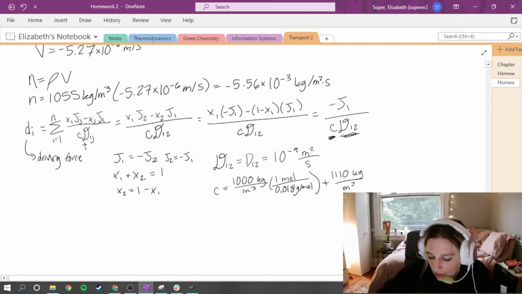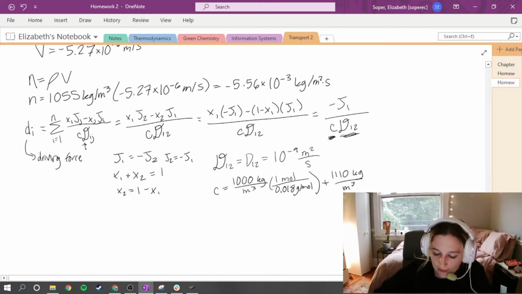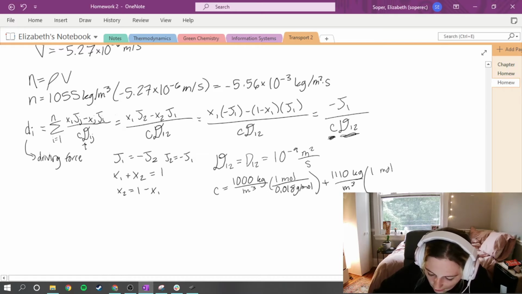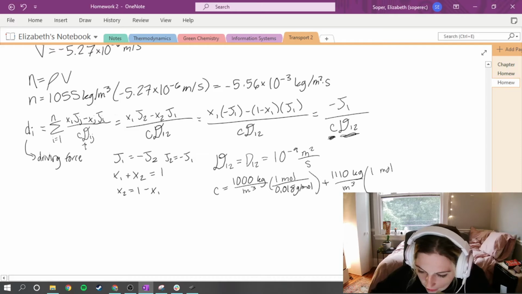The 1,000 and 1,110 kilograms per meter cubed are the densities of H2O and D2O, which is given in the problem, which we talked about in part 1. And you might be wondering why I'm writing down the per meter cubed, but it will make sense in a moment.